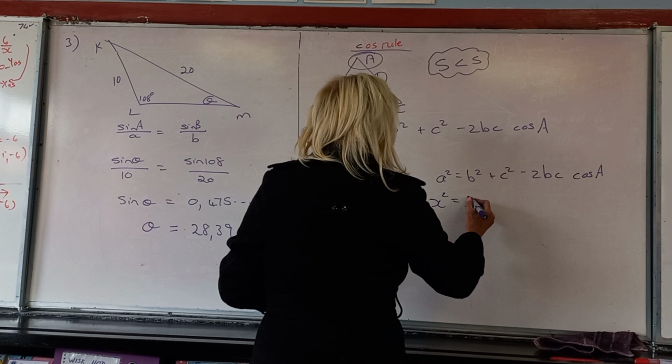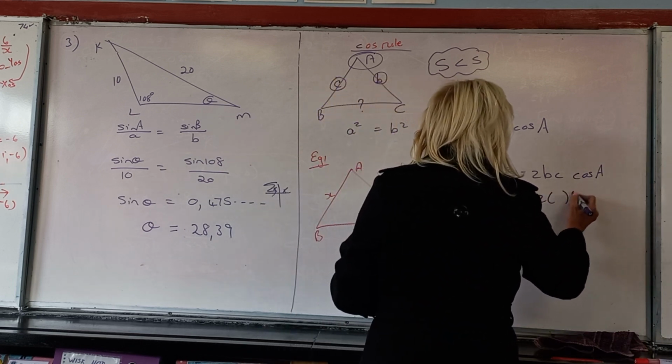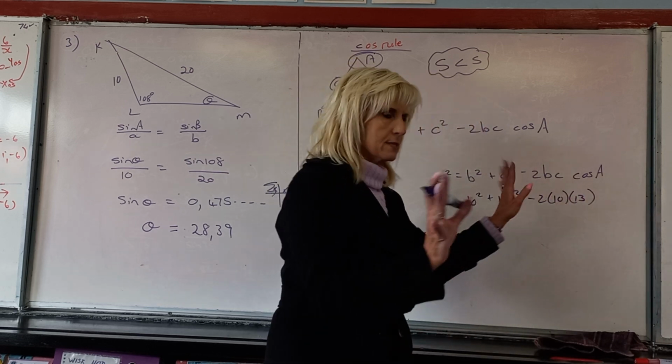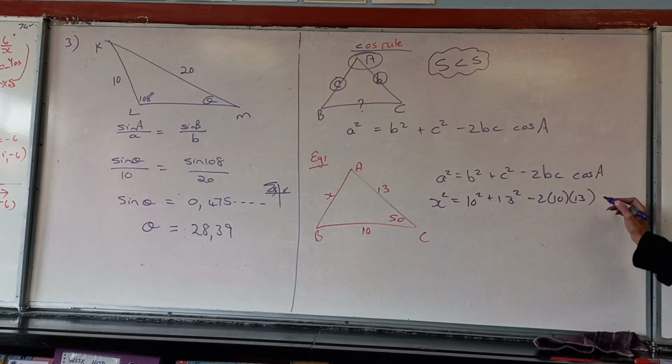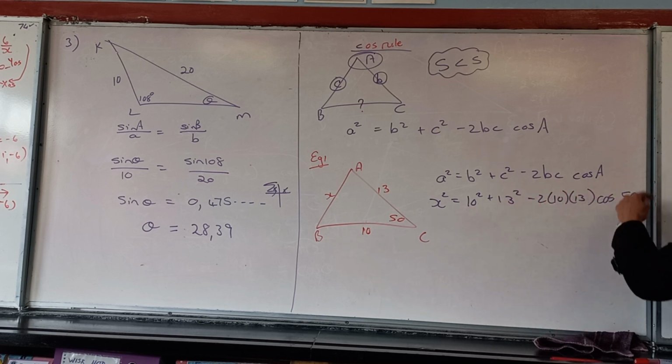So whether you write 10 squared, 13 squared, or the other way around, it doesn't matter. You can even swap them. And then cos 50, the angle in between them, so that you recognize that those are two sides and the included angle. Very important.